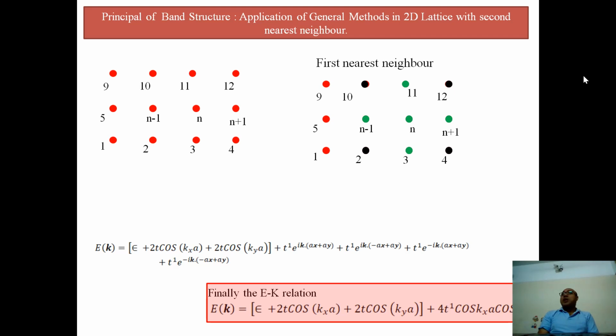Now the question is how to write the E-k diagram here: the E-k diagram combining the first nearest neighbor plus the second nearest neighbor. If it is only the first nearest neighbor, what is the solution? I have already written the solution directly.